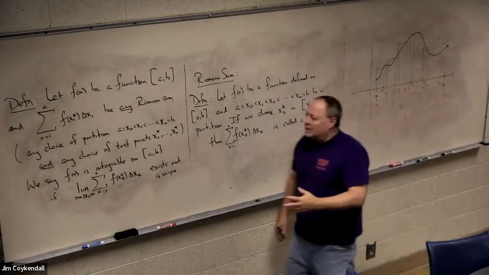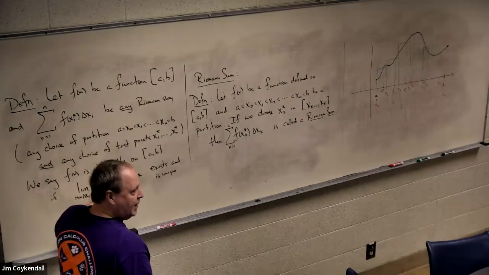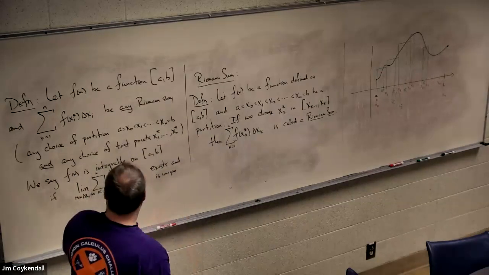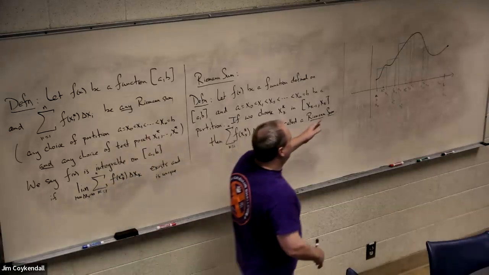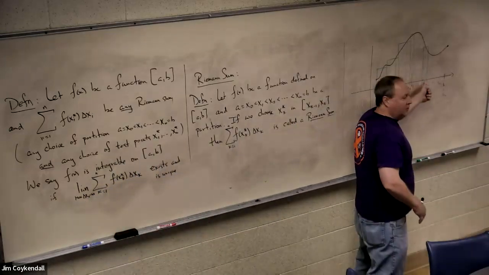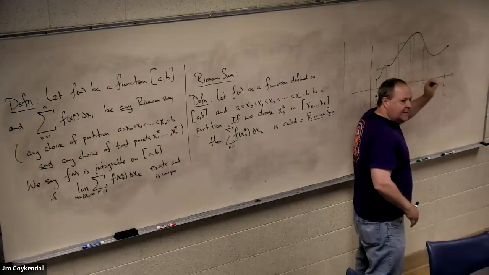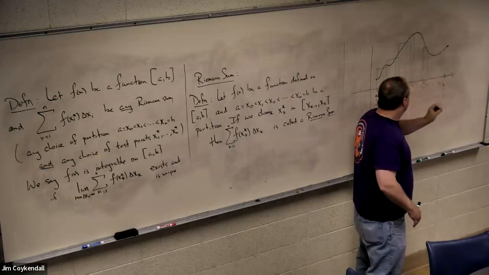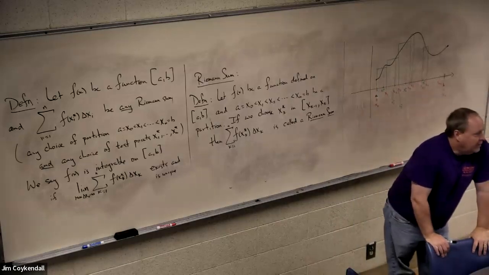This is a technical thing that says, look, even the fattest of my intervals are getting small, so I'm getting closer and closer to the area of the curve. If no matter how you break this up, no matter how you pick these test points in here, if that limit always exists, and you always get the same answer for it, then we say that this function is integrable.